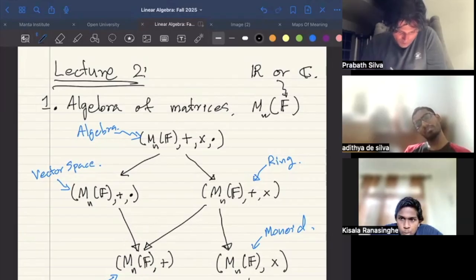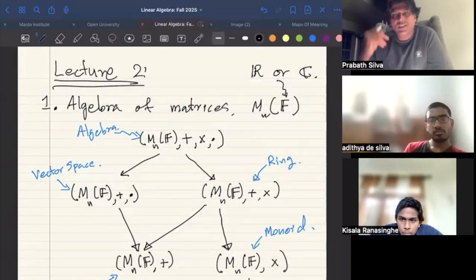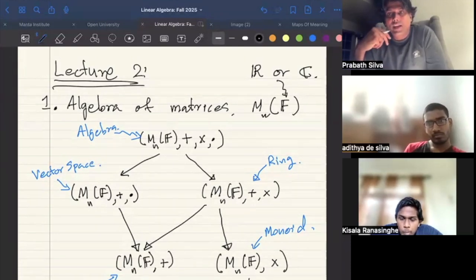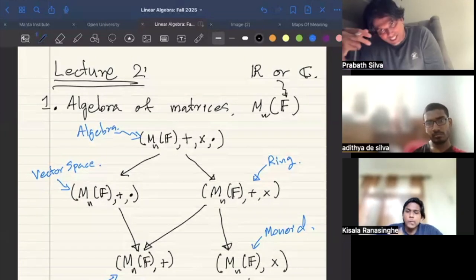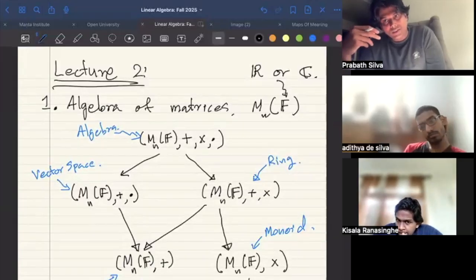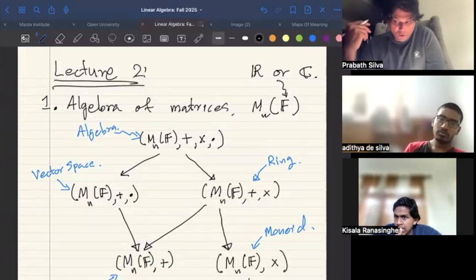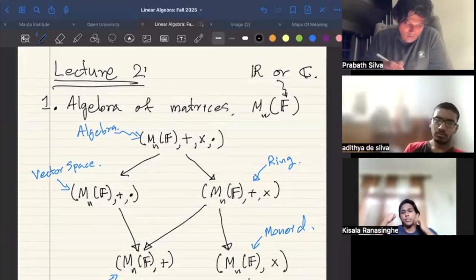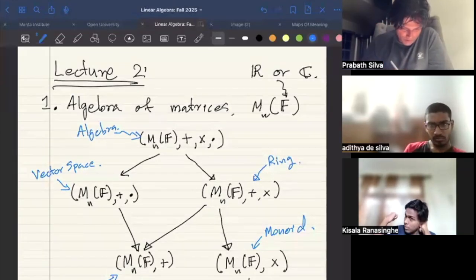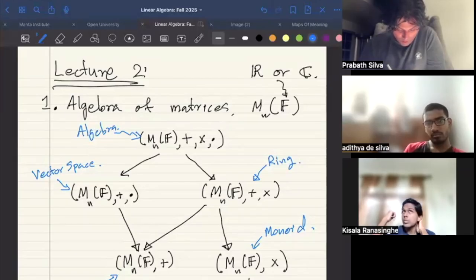So if you take the matrices and look at the invertible matrices under multiplication, of course, that would form a group. And this one is actually non-commutative, non-abelian.